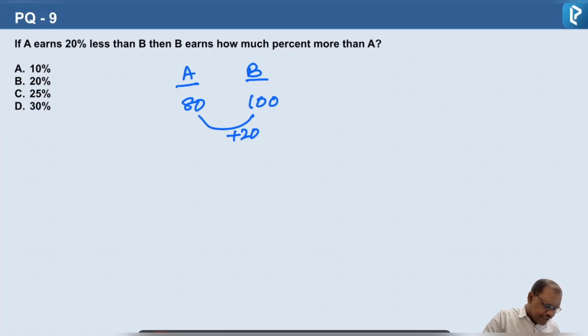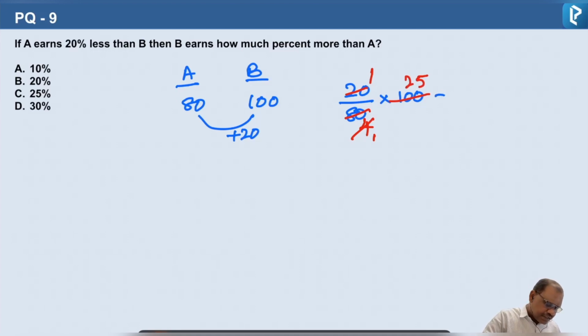B is earning 20 more. So therefore 20 is how much percentage of 80? 20 by 80 into 100. So 20 ones, 4s, 4 ones, 4 20s.